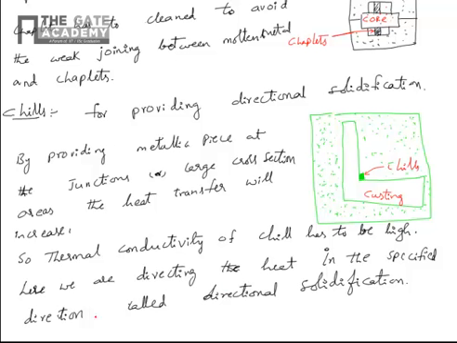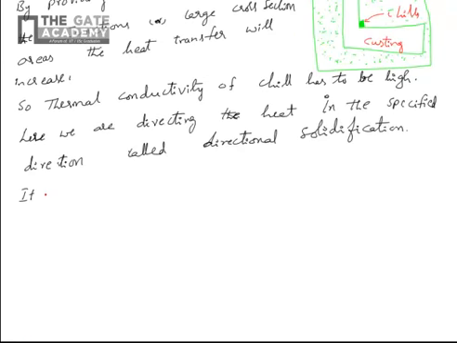That metallic piece is called a chill. It won't become an integral part of the casting. Once you remove the casting from the mold, you have to remove the chill also.